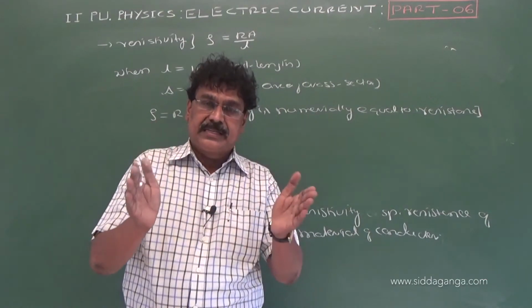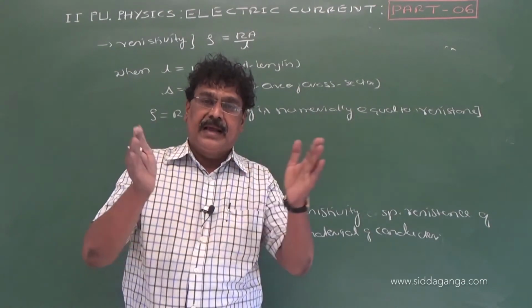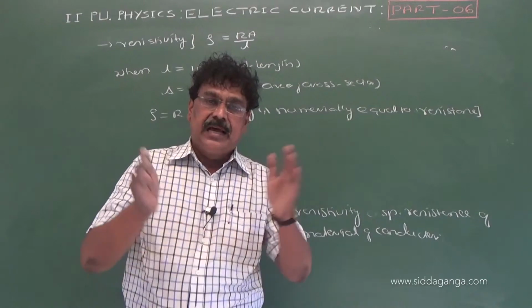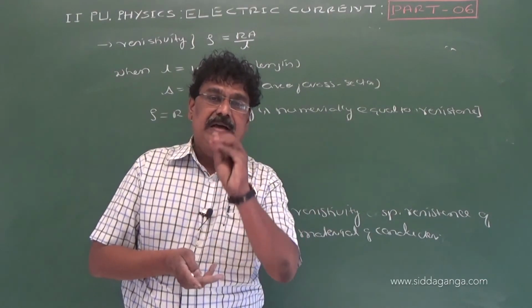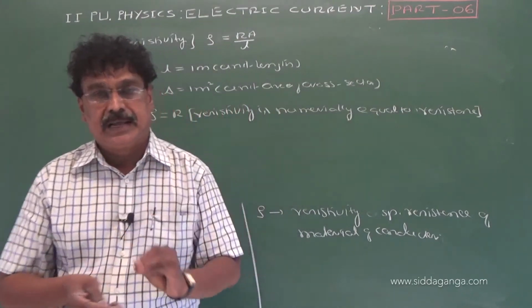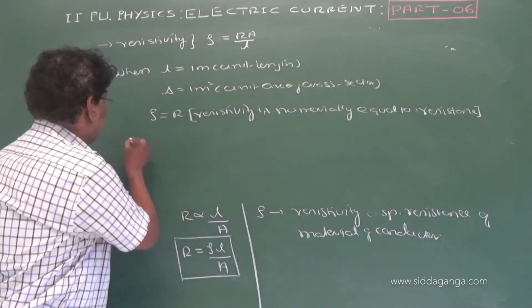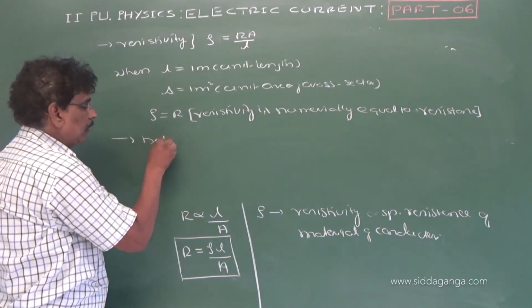The resistance offered by a conductor of unit length and unit area of cross section is numerically equal to resistivity at constant temperature. Therefore, we can define rho.